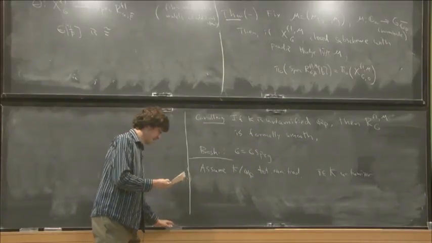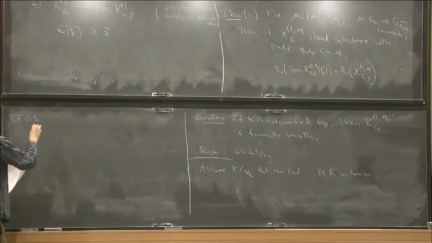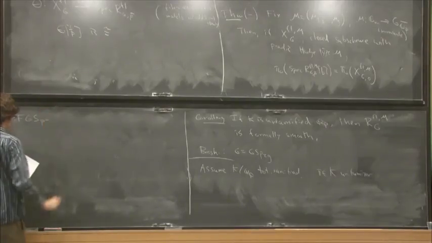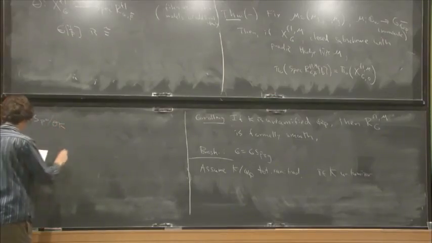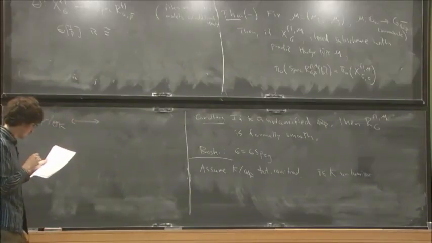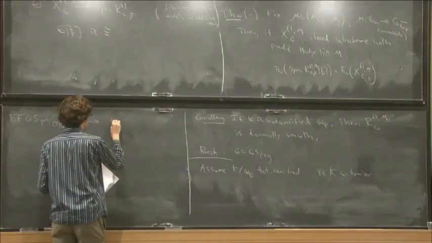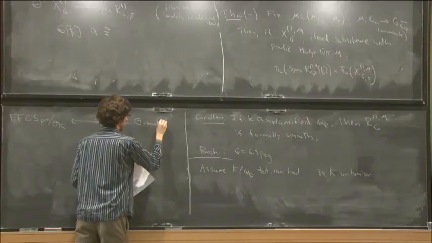But we're not going to work with the finite flat group schemes themselves. What we're going to work with comes out of integral p-adic Hodge theory. If we work with finite flat group schemes that are killed by some power of p over O_K, then there's a description of these in terms of torsion Kisin modules.